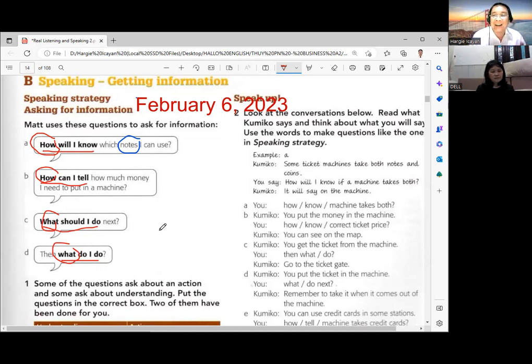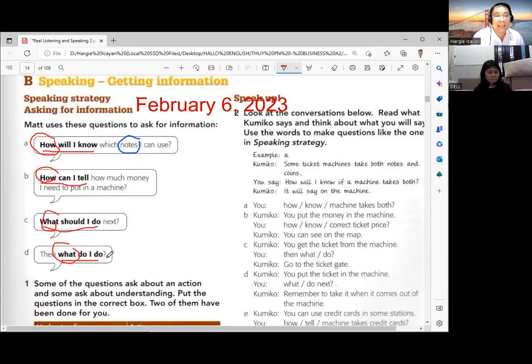So these are all words that ask questions. Of course, in asking a question, it's very important to begin with this particular word, right? How, what.